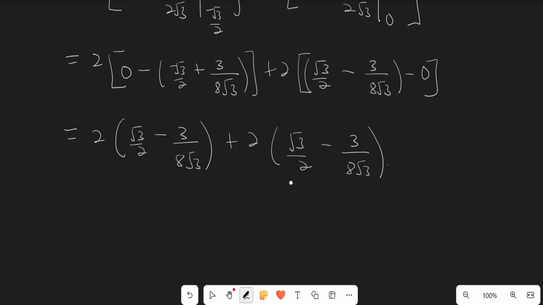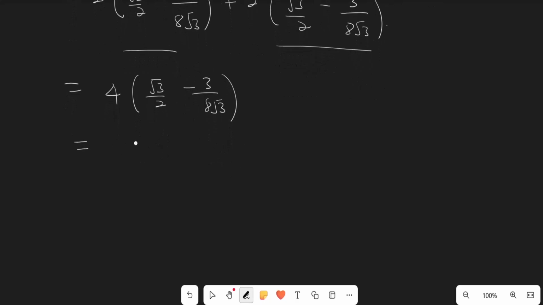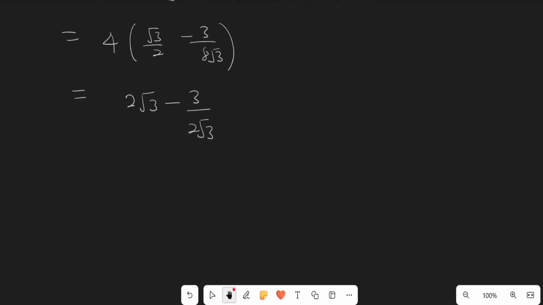These two are the same and they are summing, so that is equal to 4 times square root of 3 over 2 minus 3 over 8 square root of 3. In the end this reduces to 2 square root of 3 minus this, and that will cancel out, so that will be 3 over 2 square root of 3.